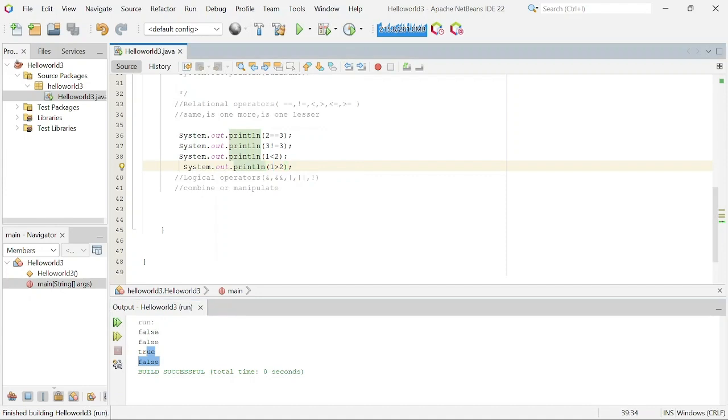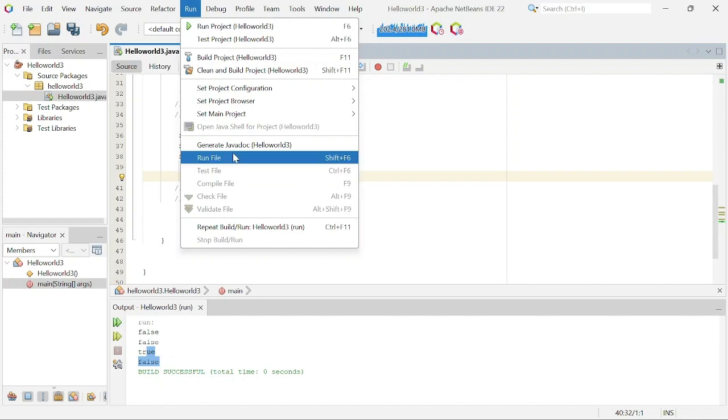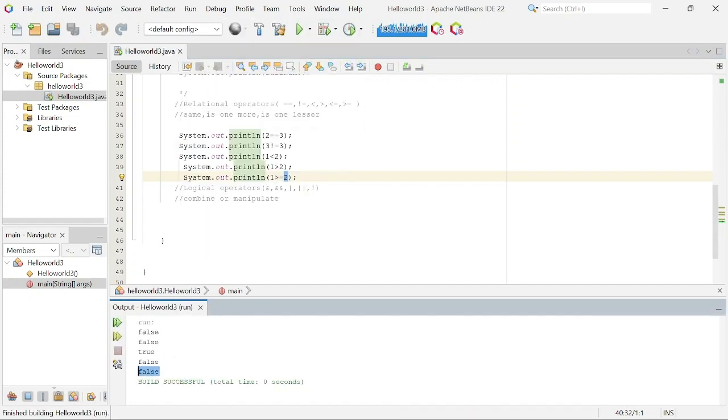Okay, let's say you wanna try 1 is more than or equals to 2. Well, both are false. 1 is not bigger than 2 or equals to 2. So both are false, so you get false. Let's say I type 2.